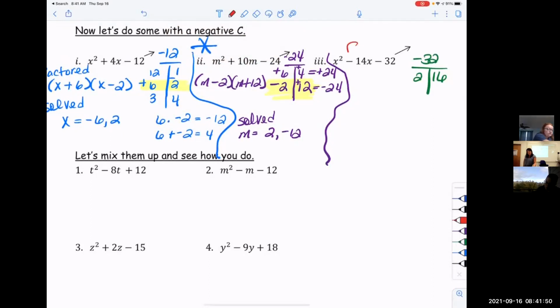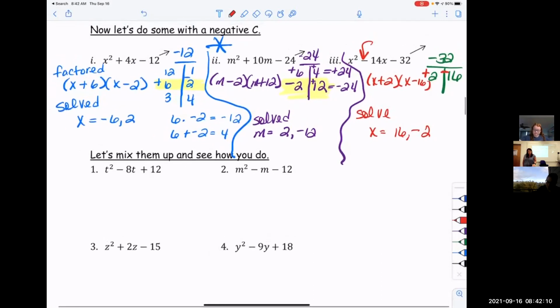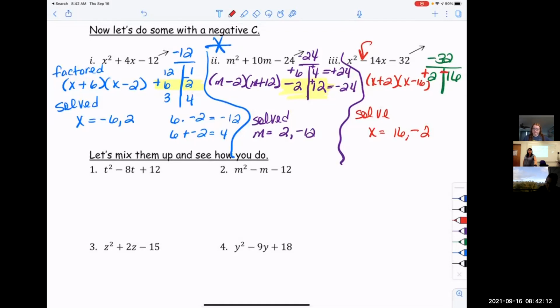So since we want a negative, our biggest number, it's got to be king of the hill. All right, so if I'm solving it, what are my answers? All right, how you feel about that?